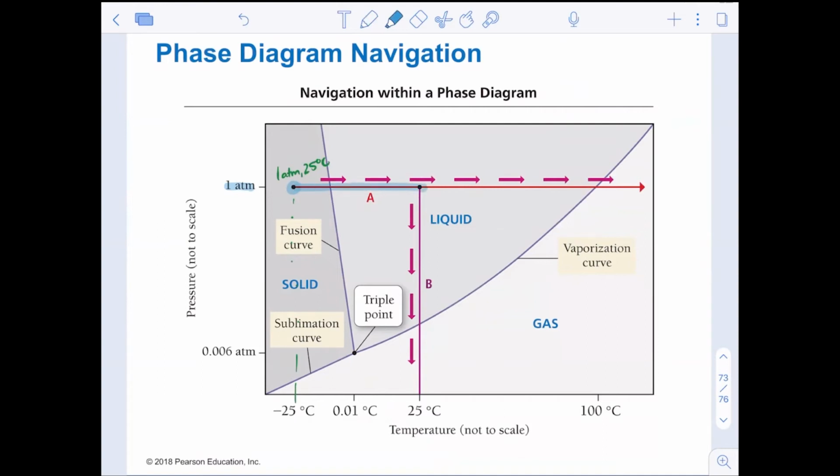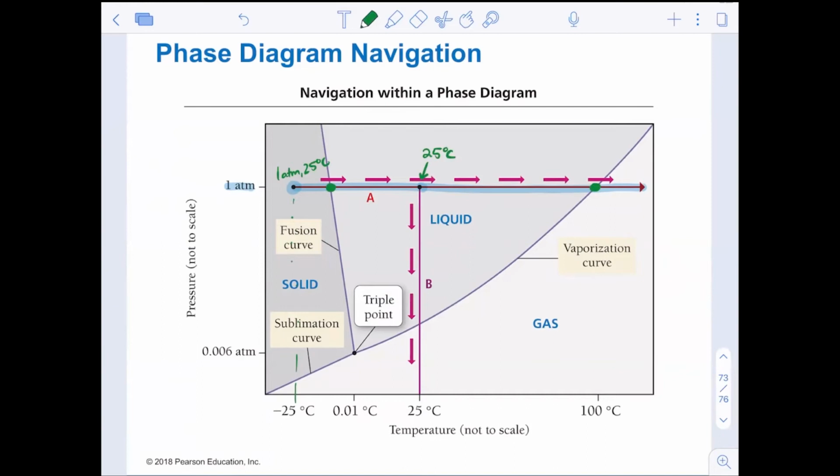Well, if I'm keeping at 1 atm and I increase the temperature, I'm flowing this way, right? And I can say at this temperature right here, I would melt. At this temperature right here, I would boil, right? If I wanted to stop at 25 degrees Celsius, what state am I in?